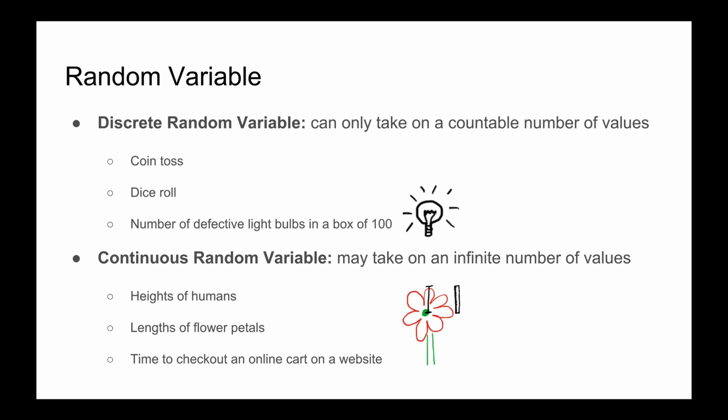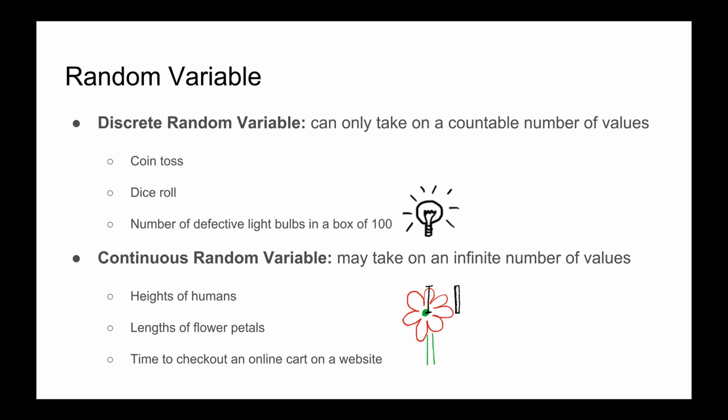It's a seminal problem that you'll see in statistics textbooks. If you've taken a course on statistics, you'll probably have some question like this: the number of defective light bulbs in a box of 100. So the different outcomes here are light bulb 1 is defective or not, light bulb 2 is defective or not, light bulb 3 is defective, and so on. This is an example of a discrete random variable.